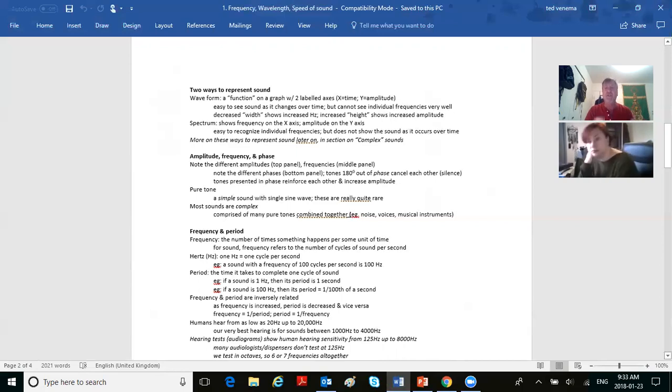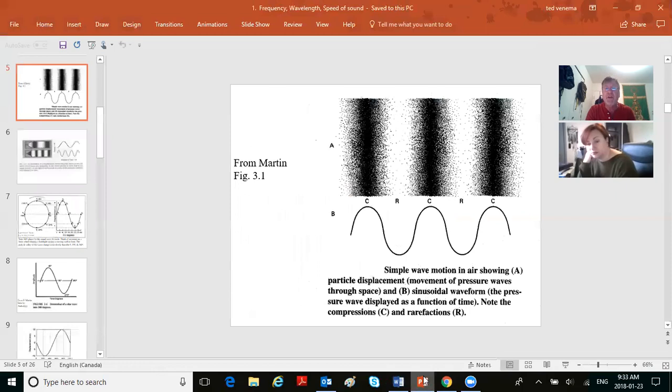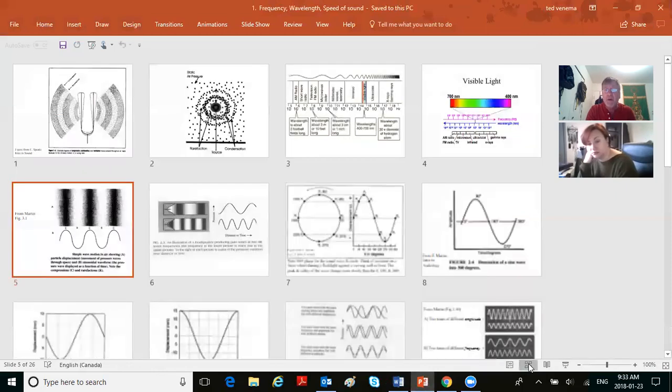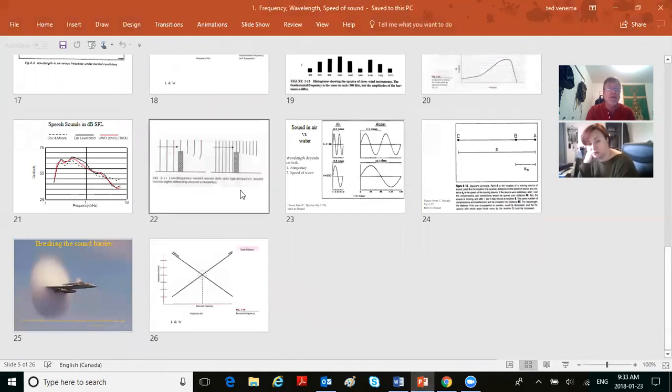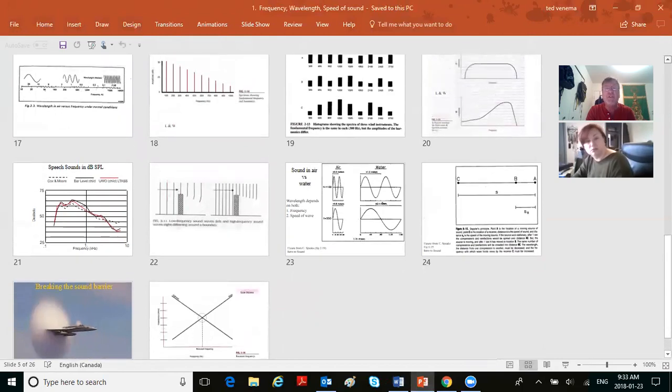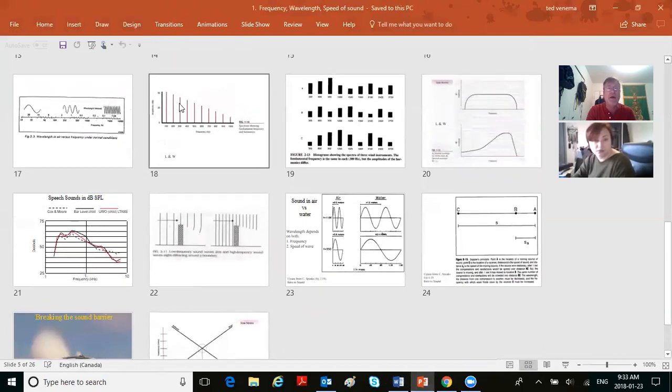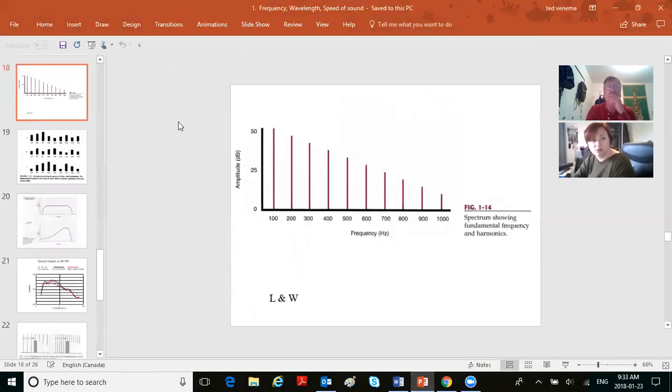As hearing instrument specialists, I'll go to the PowerPoint here. You're going to look at sound more in terms of stuff like this. I'll move my way down here, and you'll look more at sound in terms of stuff like this here. I'll pull this up. This is a spectrum. Now look at the axes on a spectrum.